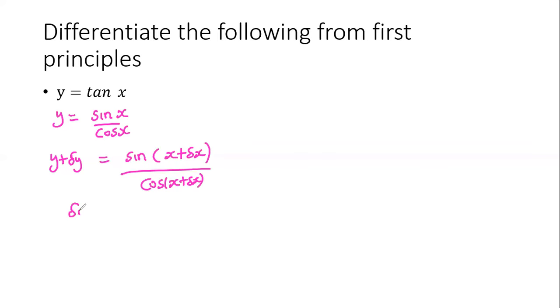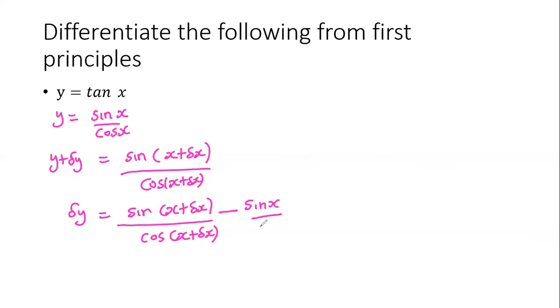Then remain with your change in y, which is sine of x plus small change in x over cos of x plus small change in x, minus your y. Your y here becomes sine of x over cos of x. So at least I've given you a hint on how to approach tan. Then you're going to see how the factor formulae start coming up.